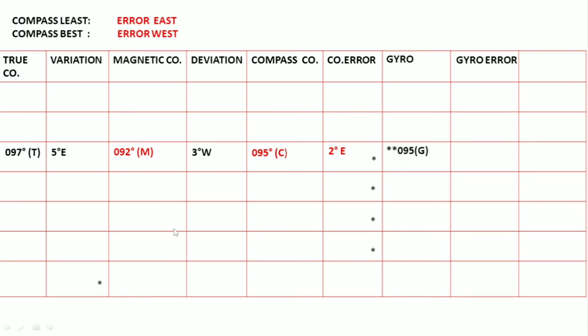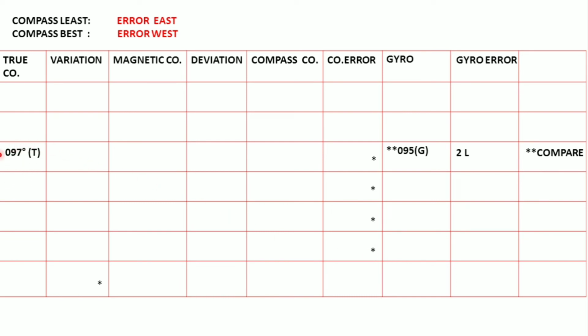Now I'm just trying to show you how the mariner compares his compasses at this particular time. He took the bearing as 0.95 true and then calculated the error as 2 degrees low. So once he has calculated the error, his course was 0.95 and error was this. So now he knows that my true should be reading lower, 0.97.